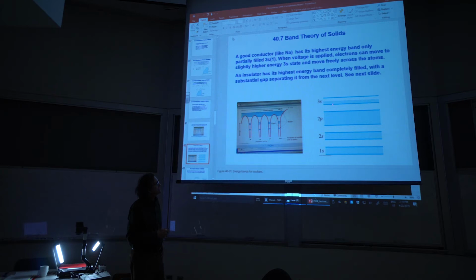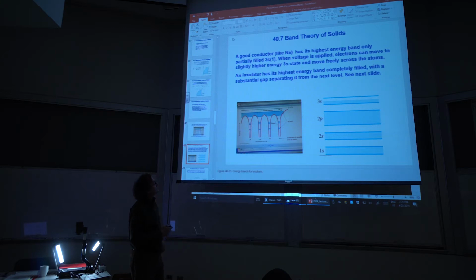They cannot simply push their way across from this 3s state, they can't occupy the same state as another electron, but they can bump up ever so slightly, and then drift across in what's called the unfilled region.